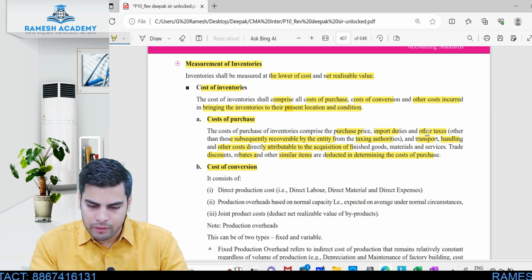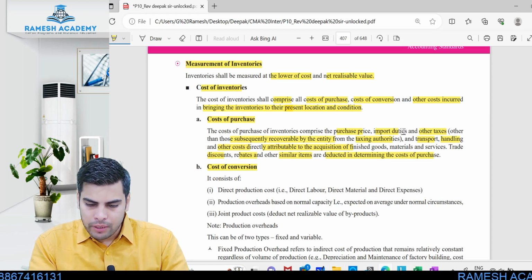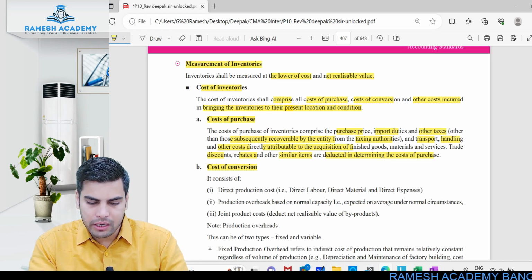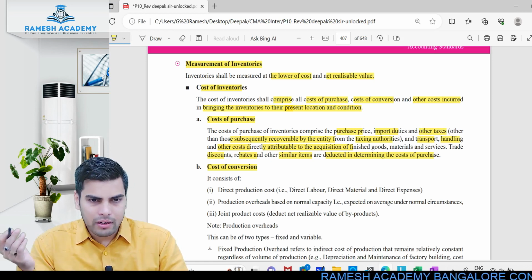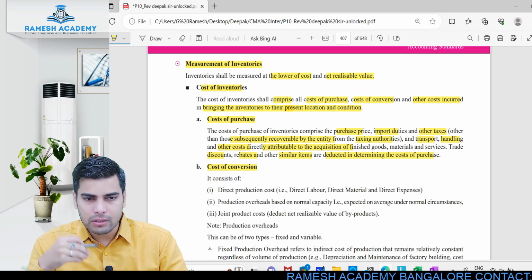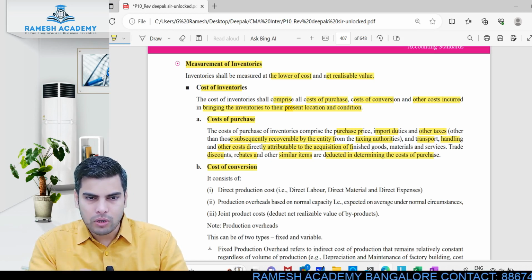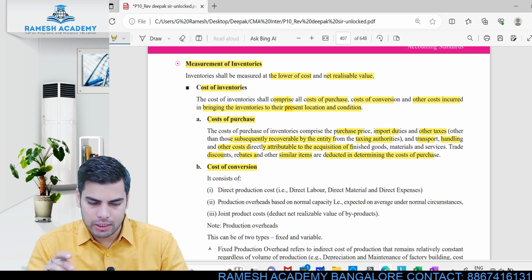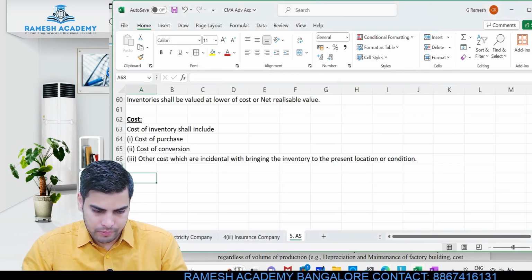So purchase price, import duties and other taxes other than those subsequently recoverable by the entity from the taxing authorities. Other taxes which I am able to recover from the taxing authorities, I am not supposed to add to the cost of purchase. Alright, so I'll just write this.